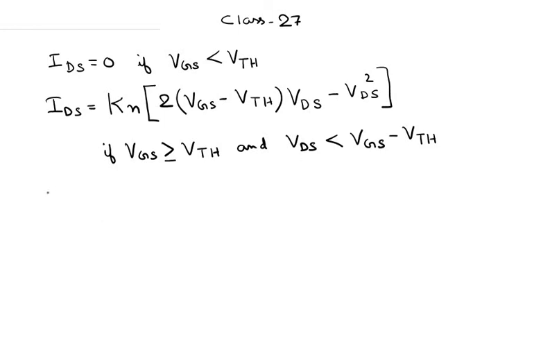And the third equation is IDS equal to Kn, capital Kn, times (VGS minus VTH) square, and this is valid in saturation.